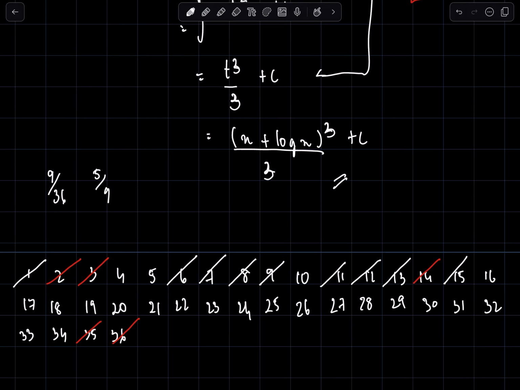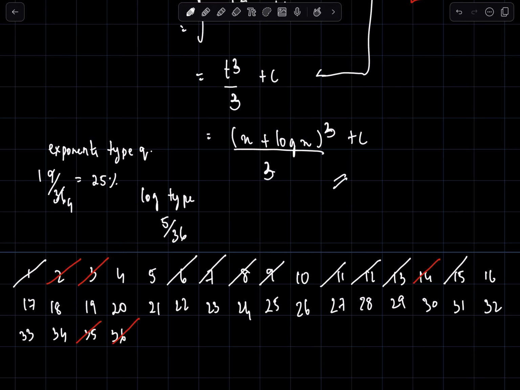So exponents type question is around 25%, correct? Because this is 1 out of 4, simple maths. Log type is 5 divided by 36, right?